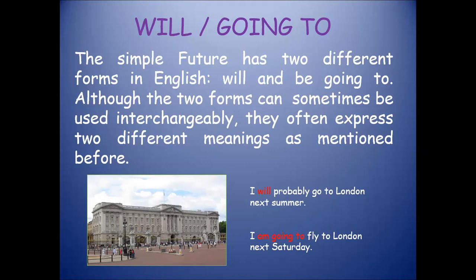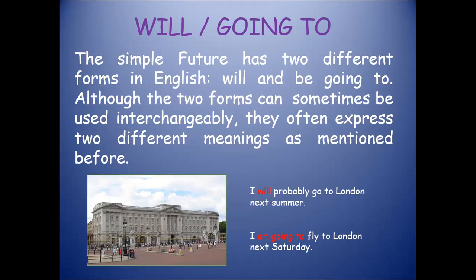Look at the example. It says, I will probably. The word probably expresses a little degree of hesitation. It means I will maybe or probably go to London next summer, but I'm not sure if I'm going to go. But in the second example, we have I am going to fly to London next Saturday. I'm pretty sure that it is going to happen because I already have the plane tickets in my hand.